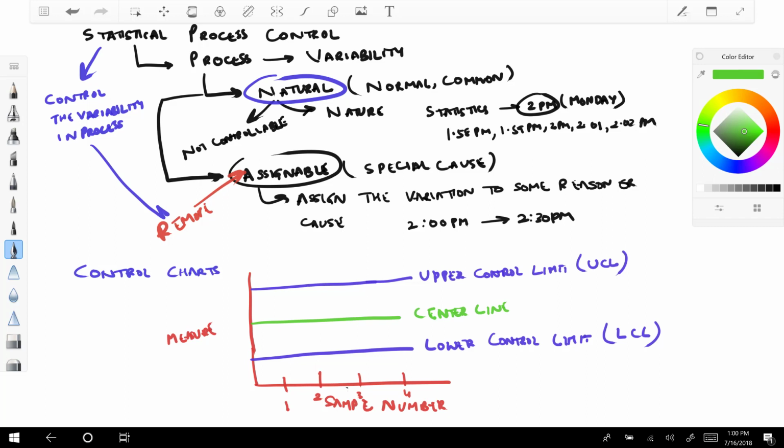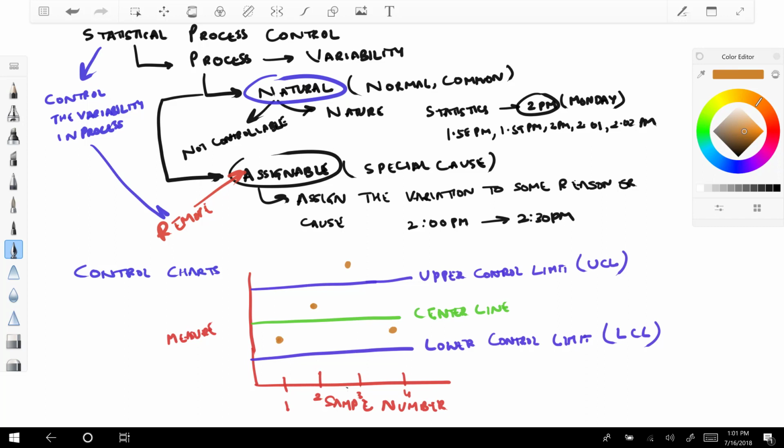Now if we plot our data points or samples, we can plot them something like this.